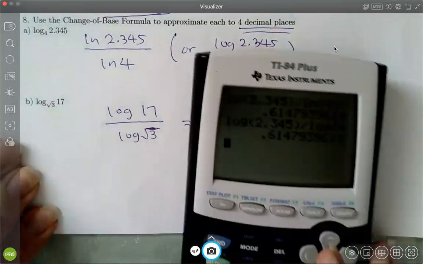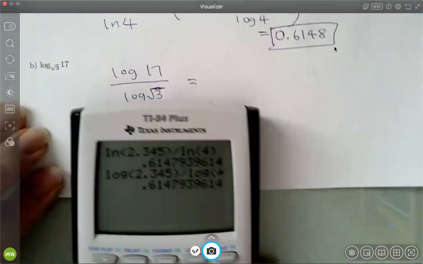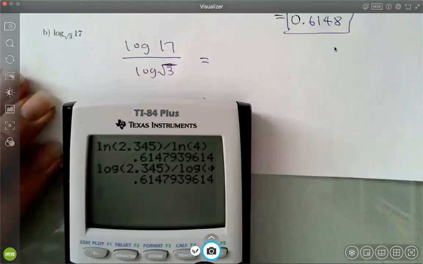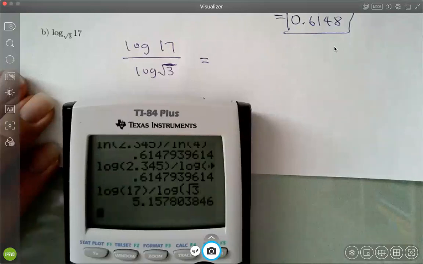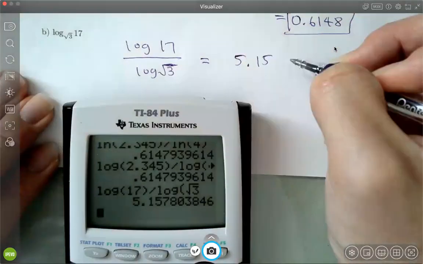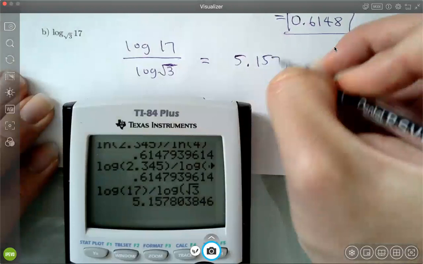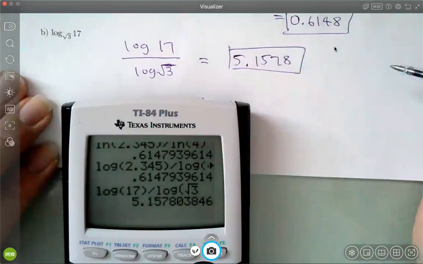Log 17 divided by log of the square root of 3. So just do the square root and then 3. Okay, so you should get 5.157803 and so on. And up to 4 decimal places, so what does that mean? 5.1578, right?